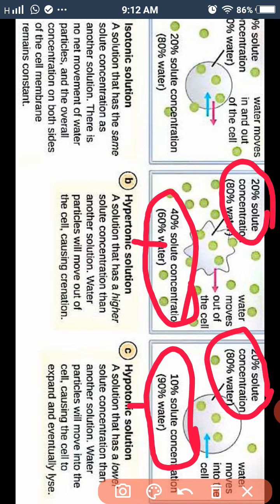Water is more outside and less inside, so water molecules will enter into the cell and the cell will swell up, and if it does not bear this pressure of water, it will lyse, meaning burst. So these are the different types of solution: isotonic, hypertonic and hypotonic.